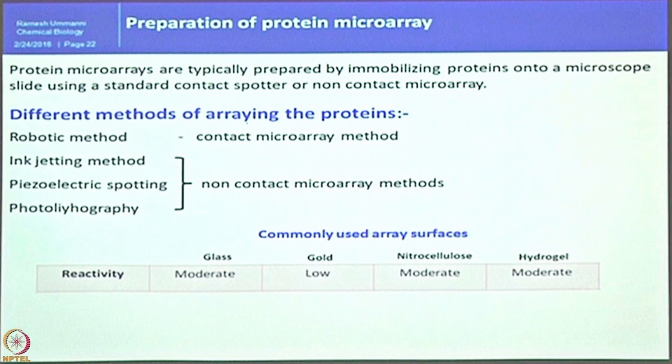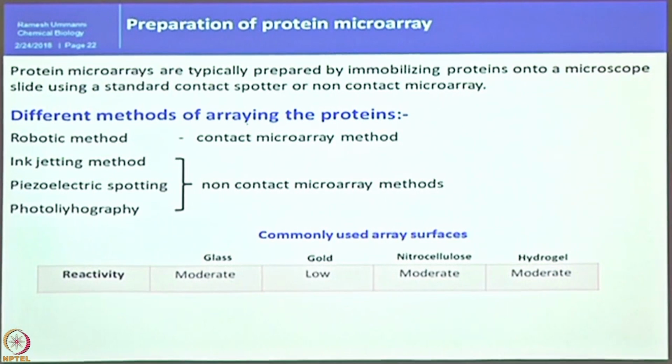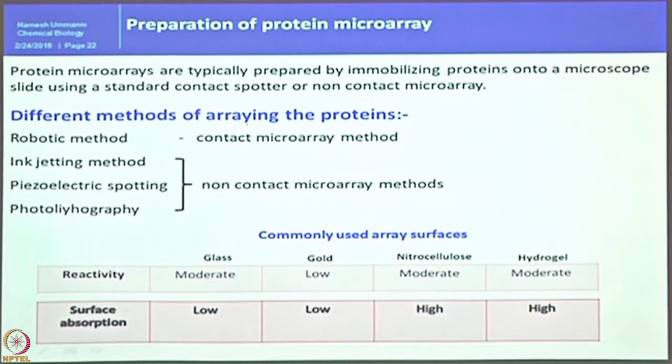Compared to this, nitrocellulose is better because it gives low background and low fluorescence while detection methods are applied. That is the reason most of the people I know are using nitrocellulose coated slides, though maybe others are using hydrogel methods as well. Surface absorption is very low with glass and gold, and very high with nitrocellulose and hydrogel. That is why I preferred to use nitrocellulose coated slides.